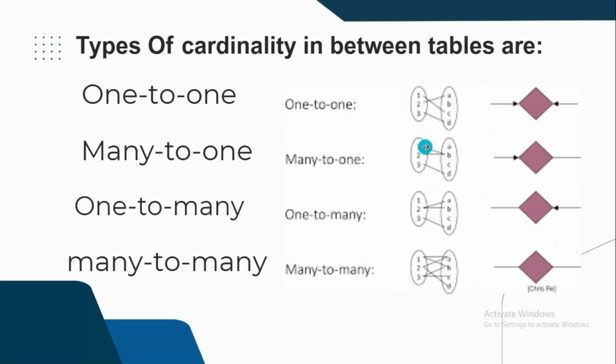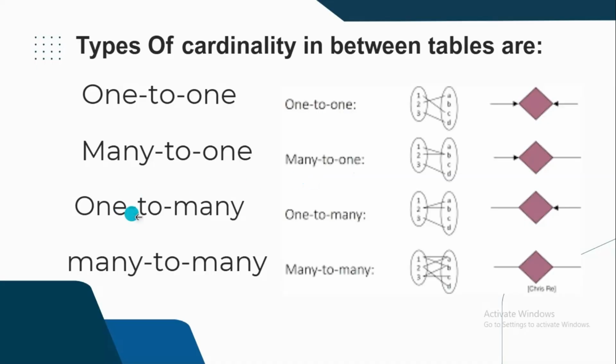Here, 1 and 2 in entity set 1 are both connected to B in entity set 2. So 1 and 2 is the many side, at least twice, connected to the single B in entity set 2. That is called many to one.